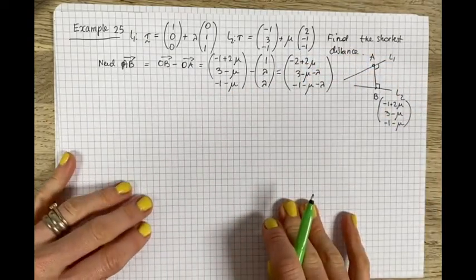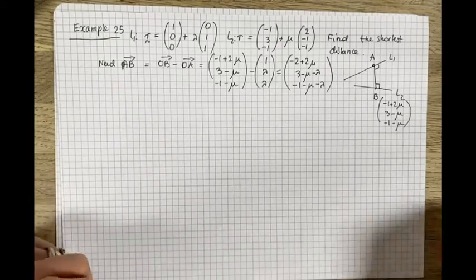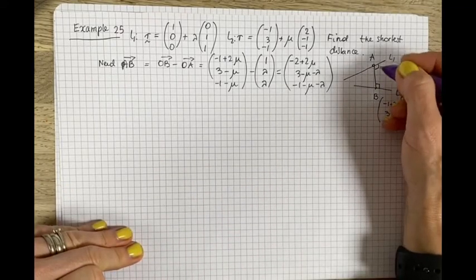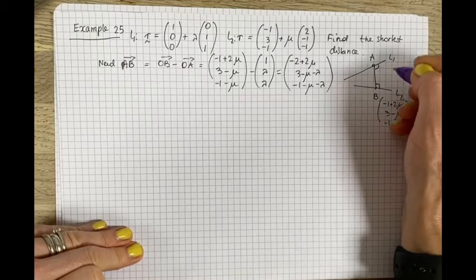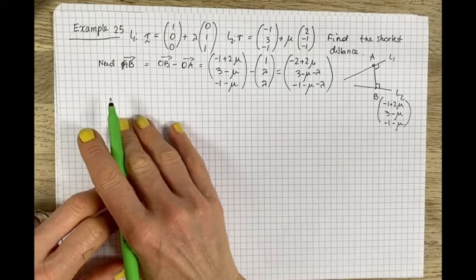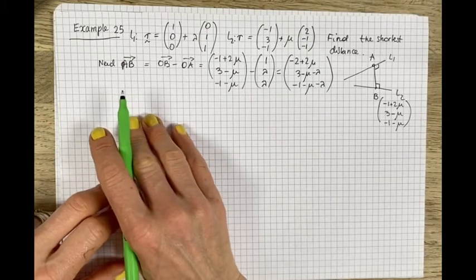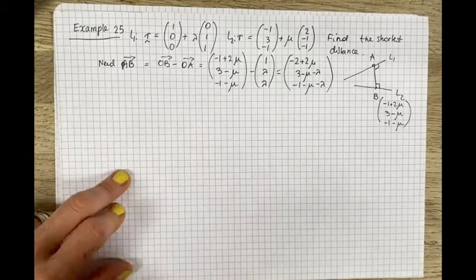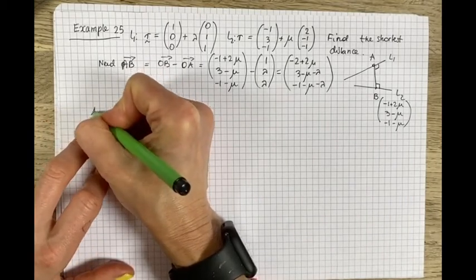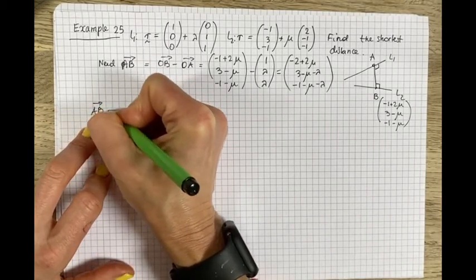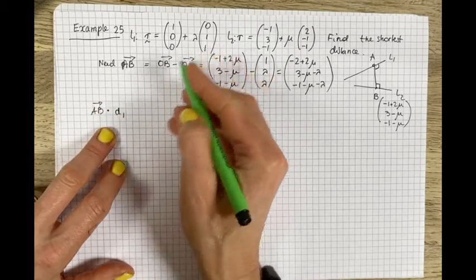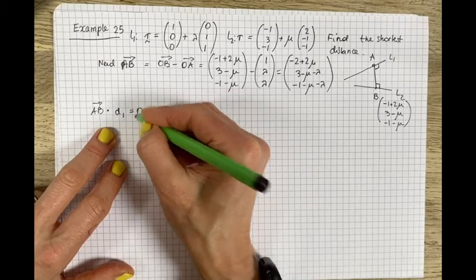There you go. Now what do I know about this vector? Very similar to what we've just done. This vector is both perpendicular to L1 and L2, but I'm just going to do the first, this time I need to do both dot products. So I'm going to do AB and dot it together with D1, which is 0, 1, 1, and the answer should be 0.